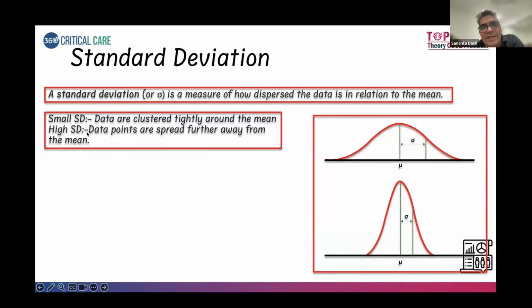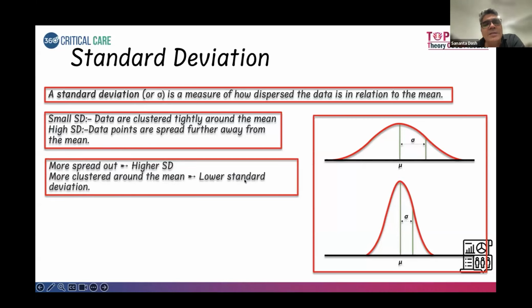But if the standard deviation is high, the data points are spread further away from the mean. As you can see, the data points are more distributed, and the curve is flatter compared to the one below. So in other words, if it is more spread out, your standard deviation is high. More clustered around the mean means the standard deviation is low.